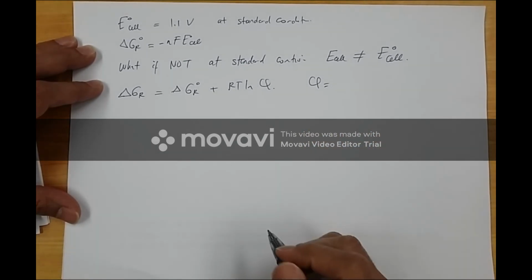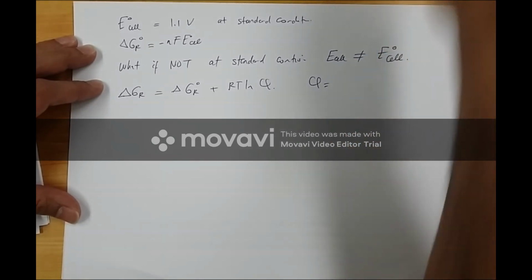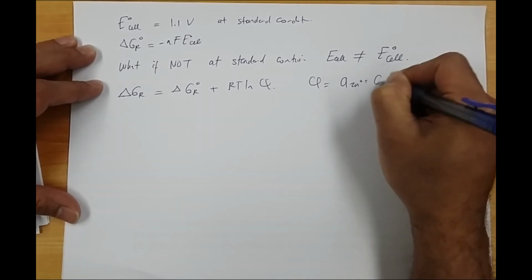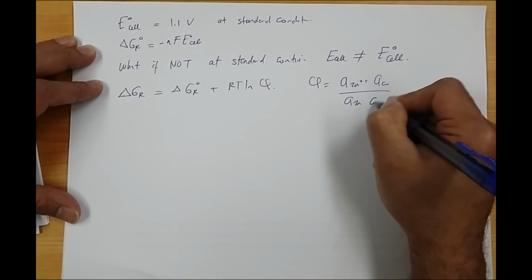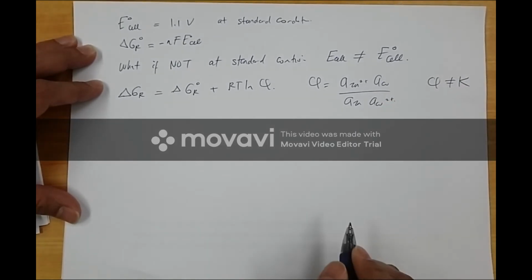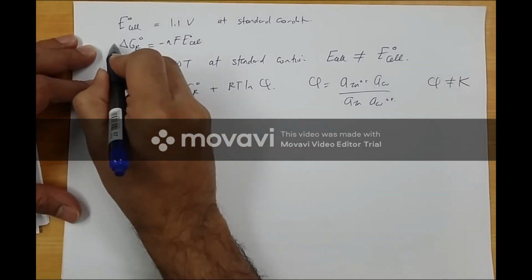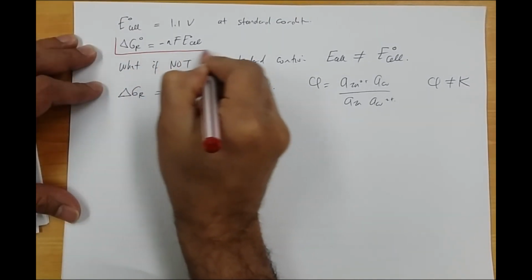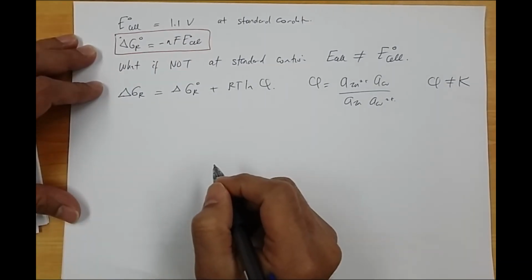The way you calculate Q is the same as K. So for the Daniell cell it is the activity of the product over the activity of the reactant, right? So Q is not the same as K, right? So by using this relation, you can convert this delta GR into E.